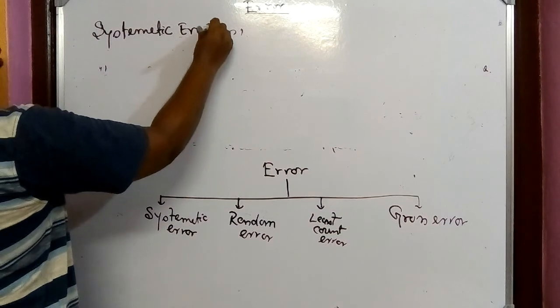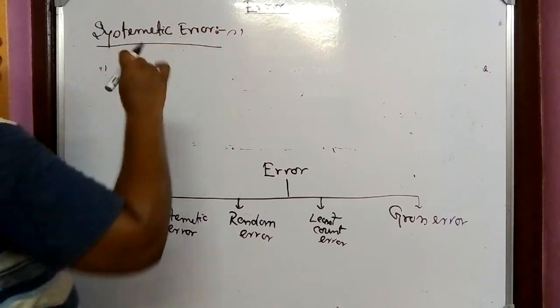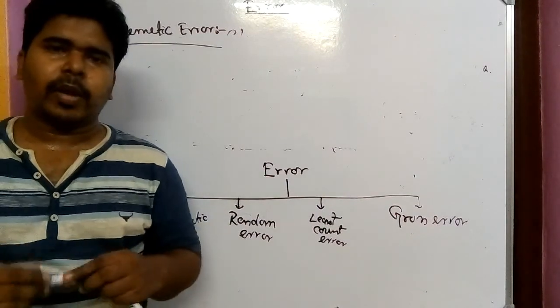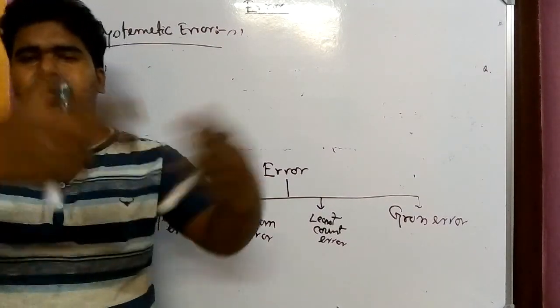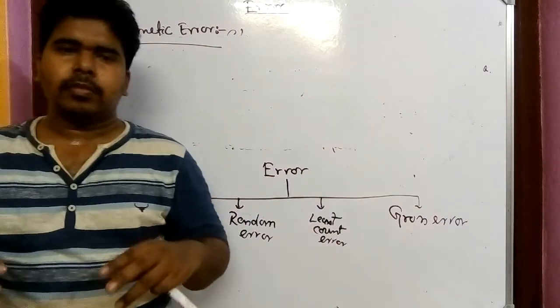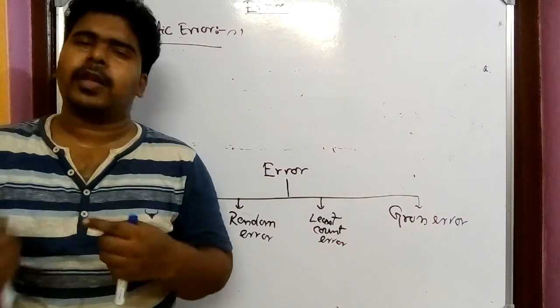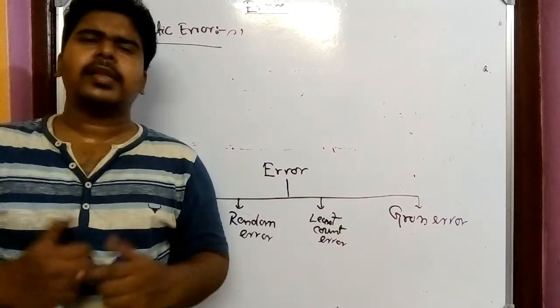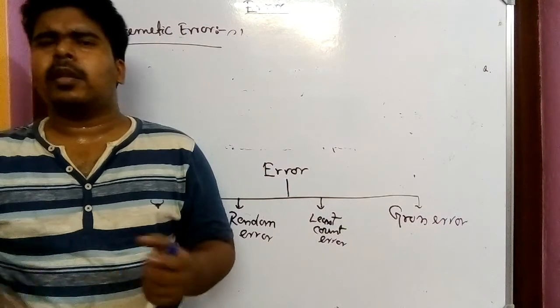By the name only you will understand, more or less it is related with the instrument and the system which we have used to measure the value of a physical quantity. The whole system we have followed, in that system maybe there is some error.